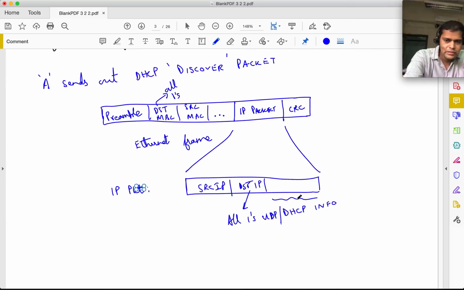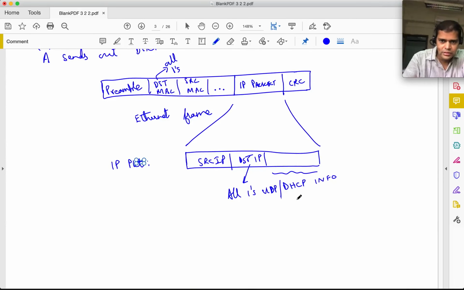So the DHCP server is running, so it gets this particular packet and reads this information and sees that somebody wants, let's say, an IP address. Okay, then this particular DHCP discover packet.